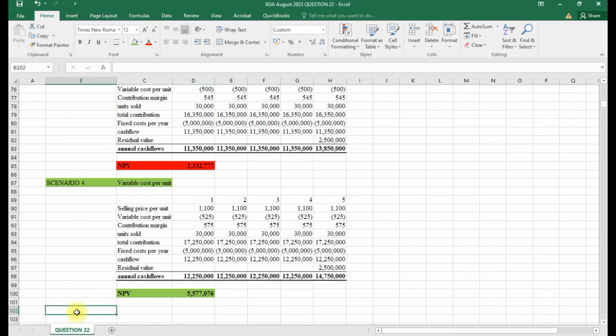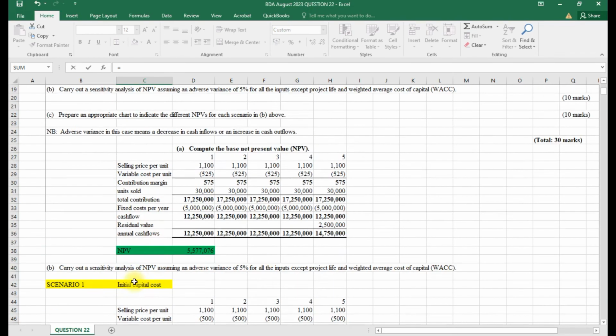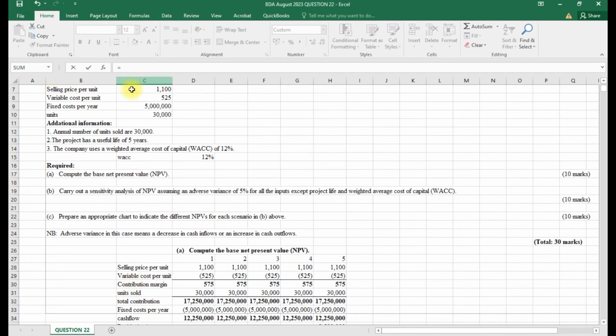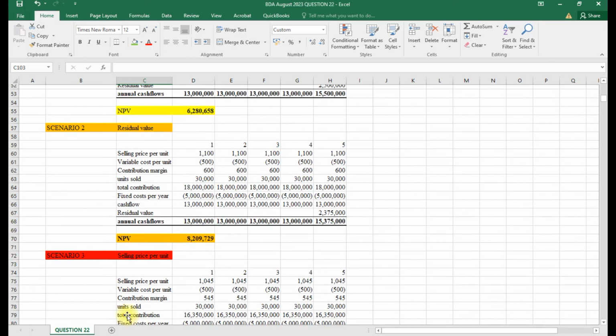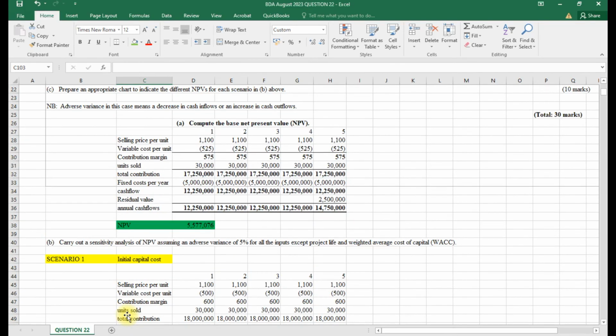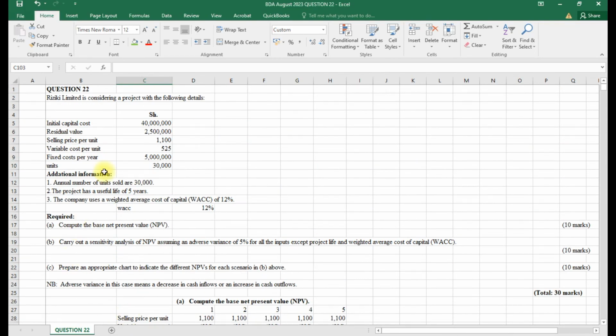So scenario 5. The fifth variable that is changing in our case is the fixed cost. Variable cost has already changed. The fixed cost per year is what will now be changing, and it is a cost again, and the cost is increasing.